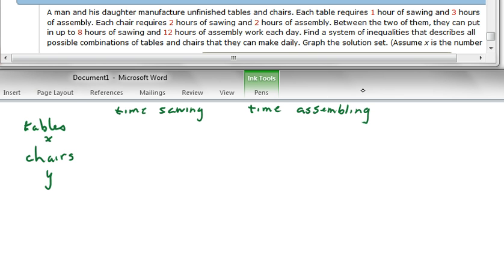So for X tables, we'd have X hours of sawing and 3X hours of assembling. For each chair, we would have 2Y hours of sawing and 2Y hours of assembling.